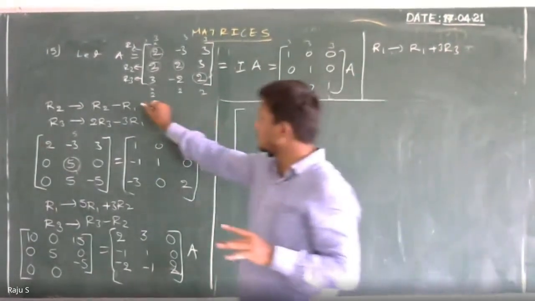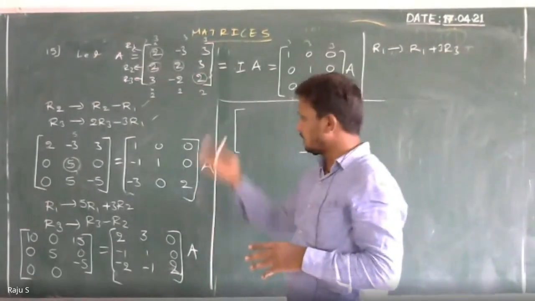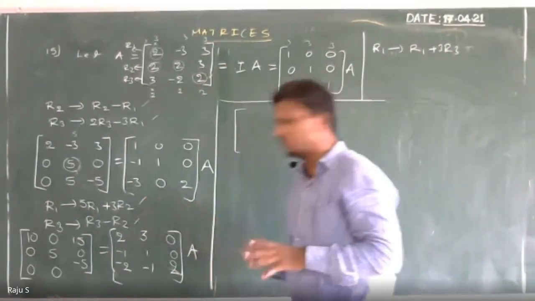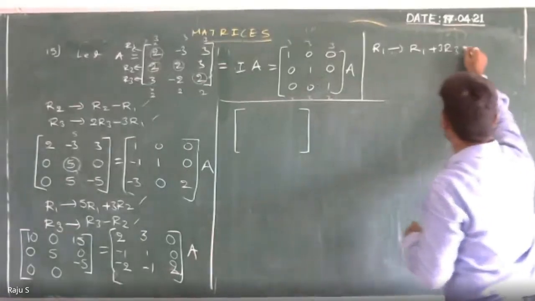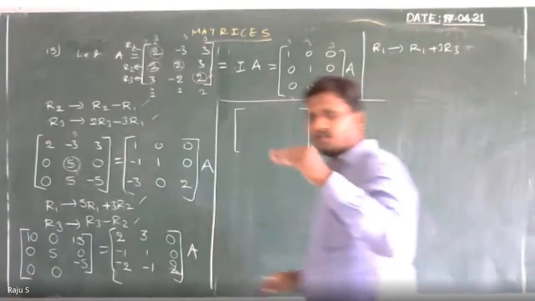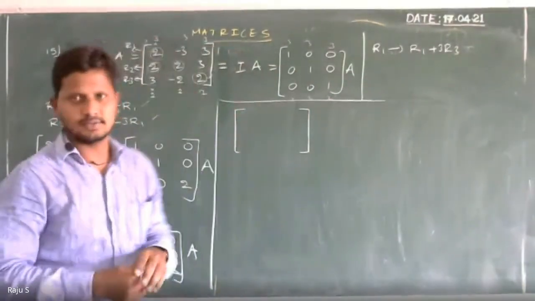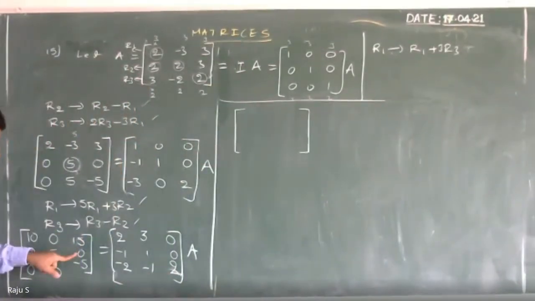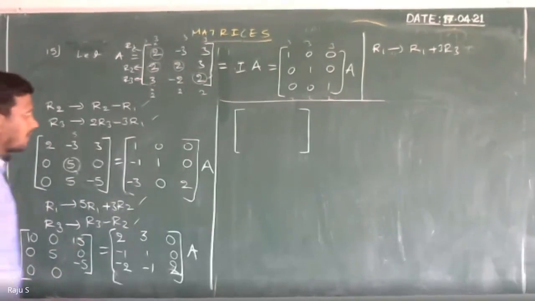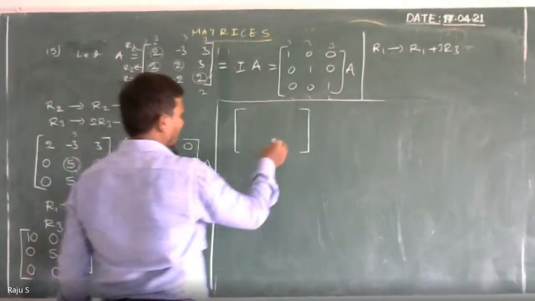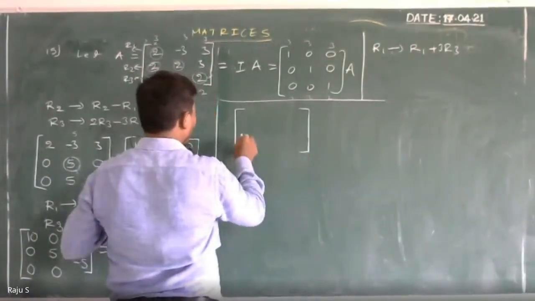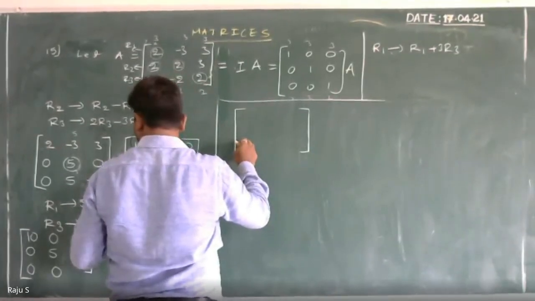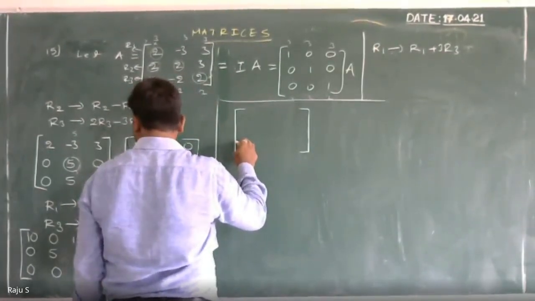First step, I'm using R1, the first row. Next, I'm using R2. Next, I'm using R3. That's it. That is enough because one element is already 0. Apply this. The remaining two are the same, R2 and R3 will be the same.